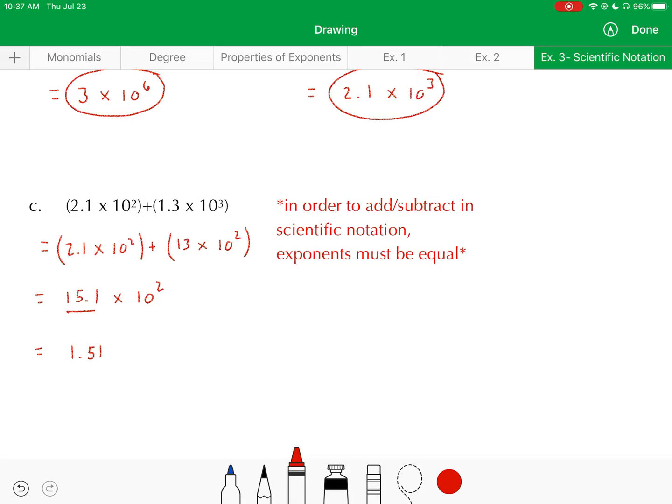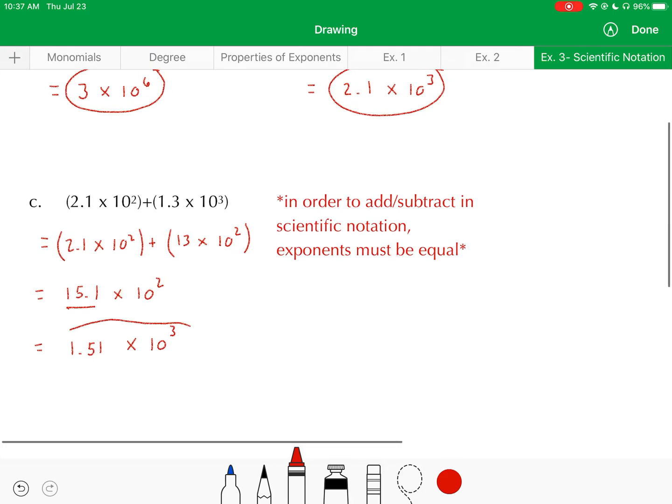So effectively 15.1 is becoming smaller by turning into 1.51, which means my power needs to increase to 3. Okay, so now I'm in true scientific notation. So that's just something to watch out for when you're working with these numbers. Make sure the result finishes in true scientific notation.